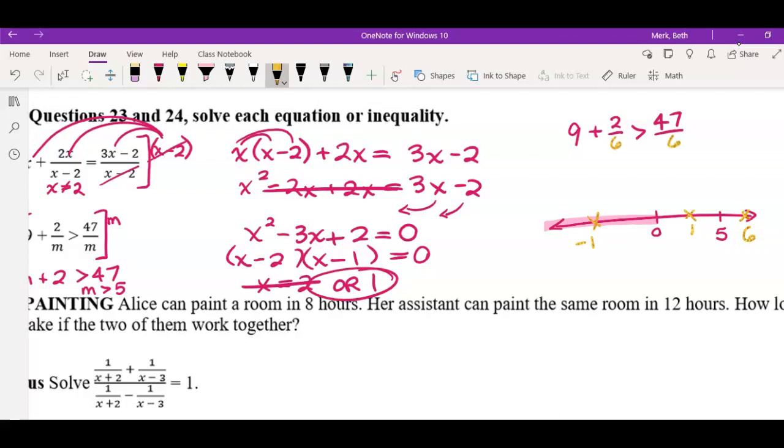And here, 9 1/3 is going to be bigger than 47/6. So we will keep that part. And we write our final answer in interval notation from negative infinity to 0, and then from 5 to infinity.